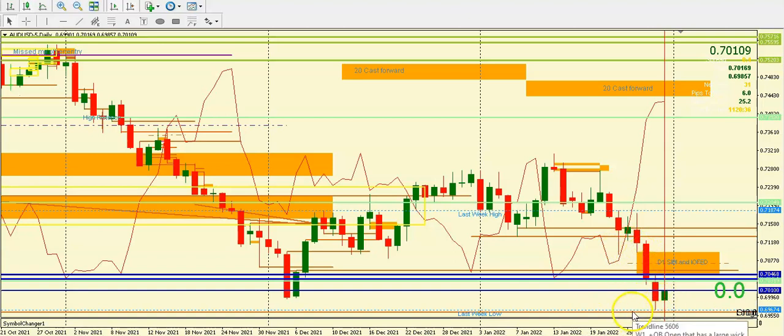This is only 7 pips off. I had checked it earlier. This is only 7 pips from striking it. So in essence, this is a weekly number, this line here, and right here on the daily it's 7 pips from there.